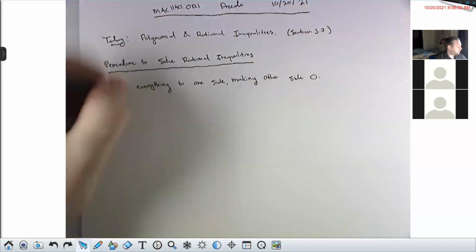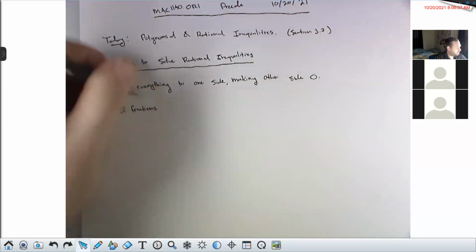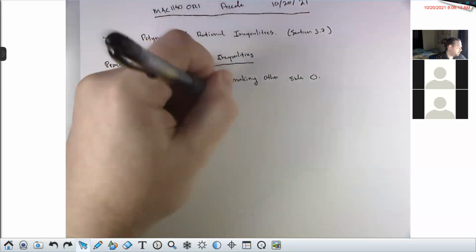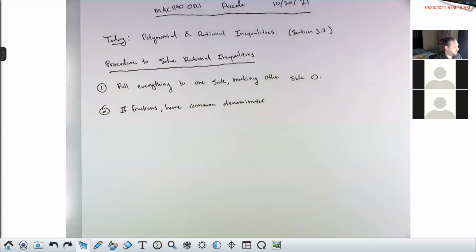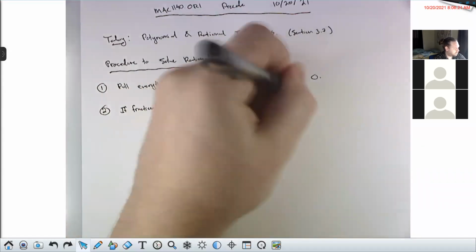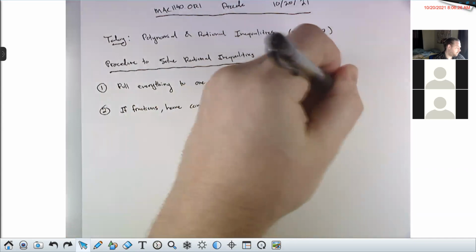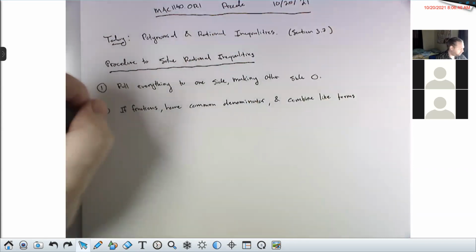But if there are fractions, you need to have a common denominator and combine like terms. I think this second step is actually the most challenging algebra-wise, because sometimes this means adding up two big fractions, all with lots of polynomial stuff top and bottom. So you need to be quite careful as you do that.